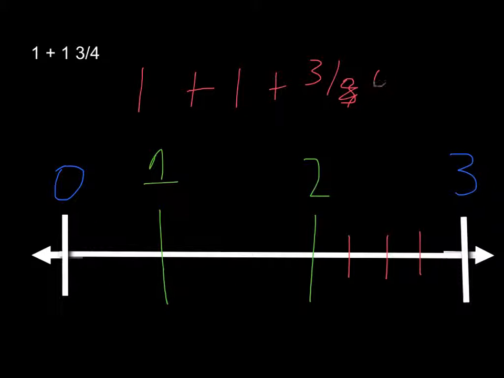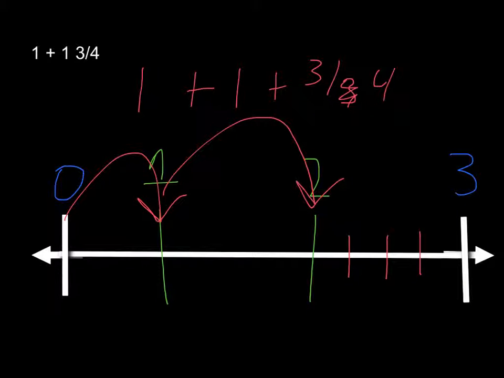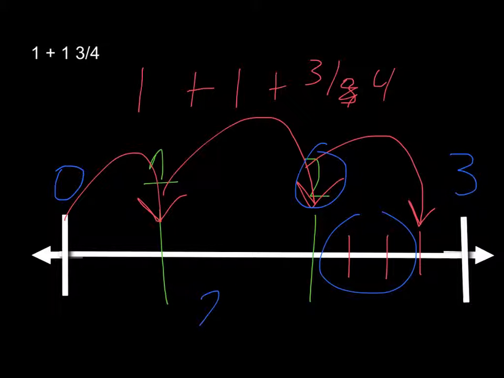Change that to a 4. Okay, so I'm going from 0 to 1, and then from 1, I'm adding 1 more to 2, and then I'm adding 3/4. And this is what it would look like on a number line, so that I know I now have 2 wholes and 3/4 for a total of 2 3/4.